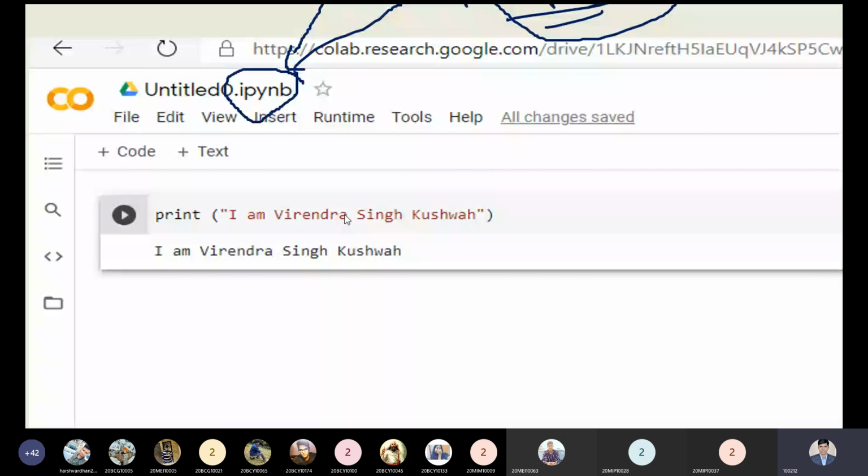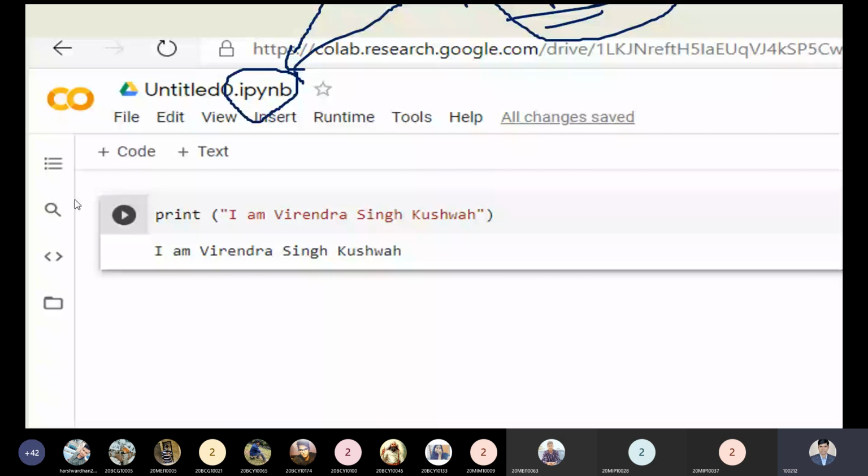Yeah, thank you. Now you can see I wrote a very simple program in the Python programming language that just prints my name, using the print function. I wrote the function in small letters because it is necessary: Python is case sensitive. You can't mix capital and small letters, and we need to follow the syntax with proper format. So I wrote a message, print I am Biren Singh Kushwaha.